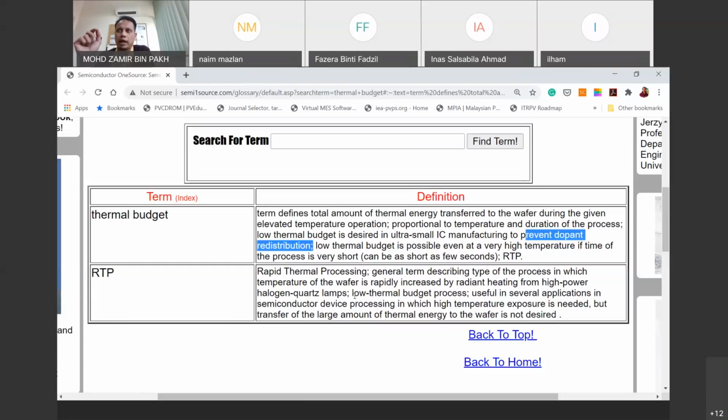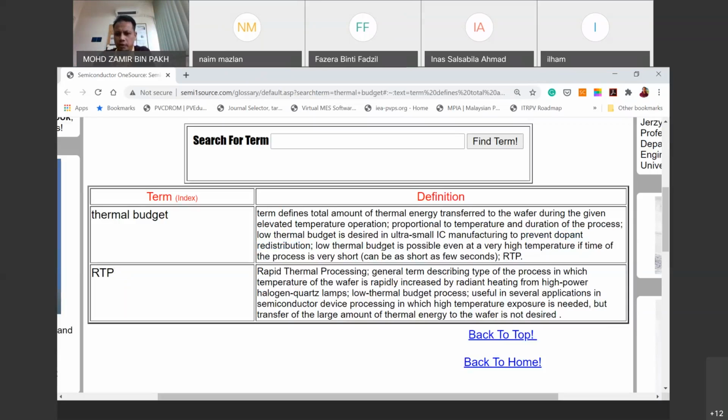So if you're talking about big dimension devices, then maybe a slight change in the dopant redistribution wouldn't change the final properties of your device. But on the other hand, if you talk about low dimensional structures or low technology node, then your dopant redistribution will play a greater role in determining the final properties of your device.